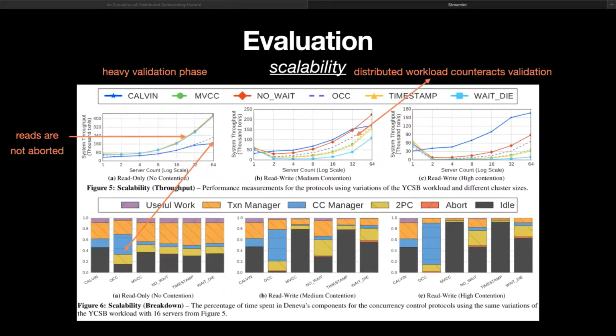I mean, it's not like Kelvin is performing better, it's that the writes have basically killed all of the other protocols because now there are a lot of aborted transactions.